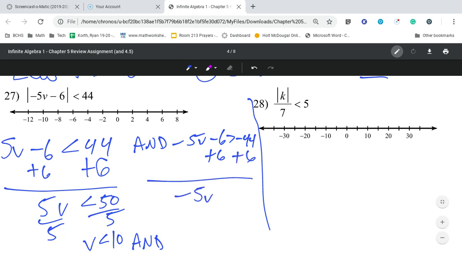negative 5v greater than negative 38. Divide by negative 5.